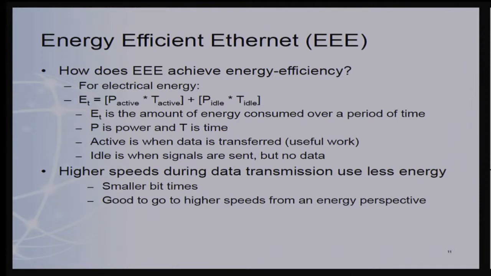Again, how does it save energy? Well, simply power times time in the active and idle states. You add that up, and that's your energy use. So as you might see, if it's not obvious, it's actually energy efficient to go to a higher speed because the bit times are shorter. So one way to achieve energy efficiency is just simply to go to a higher speed network.